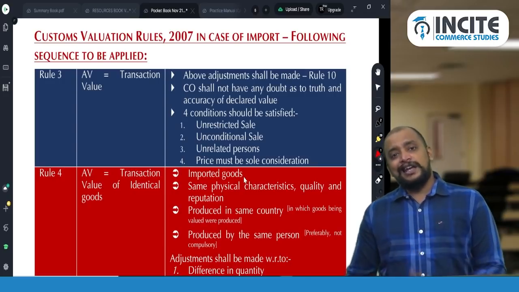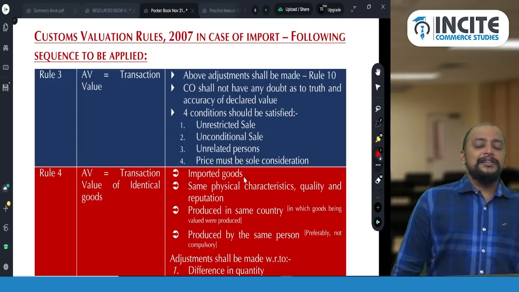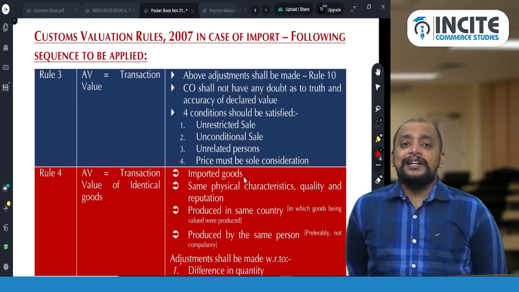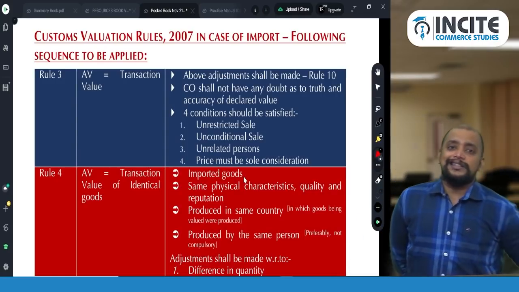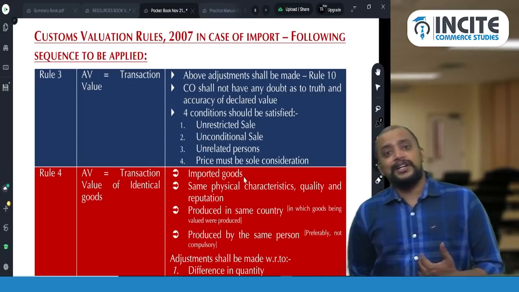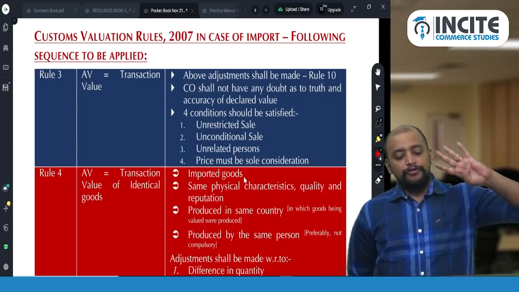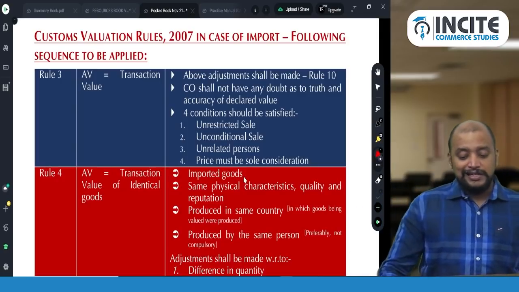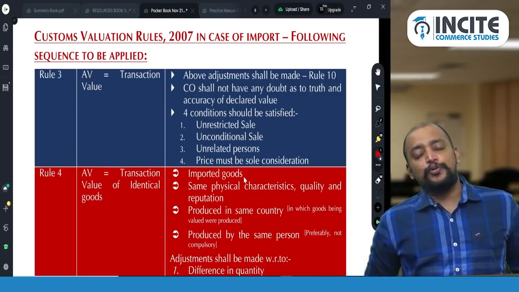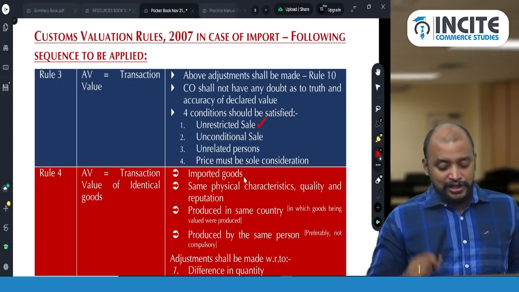Even in other cases, suppose it is a transaction between related parties, if the importer and exporter are related, or if price is not the sole consideration, or if it is a conditional sale, or a restricted sale, in that case we will never take the transaction value. So the conditions: it should be an unrestricted sale, meaning the exporter should not place any restrictions on the importer.